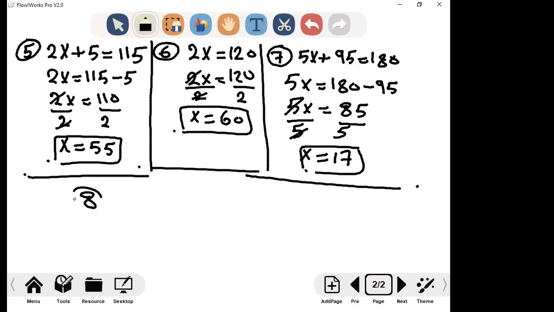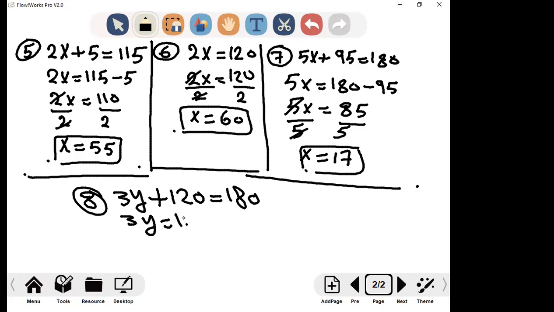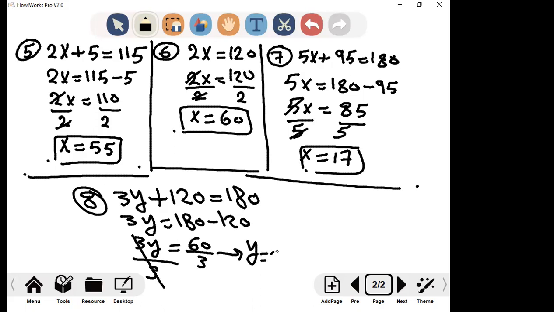So in question 8, we have 3y plus 120 equal 180. Shift and divide, 3y equal 180 minus 120. 3y equal 60. Divide on 3 both sides. Y will be 20.